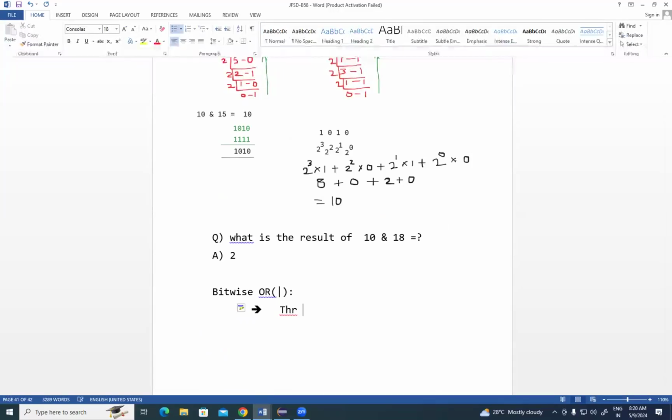The bitwise OR operator results 0 if corresponding bits are 0. Otherwise, the result is 1.